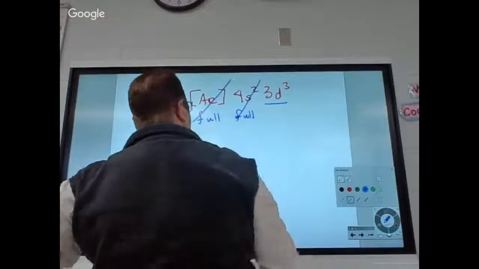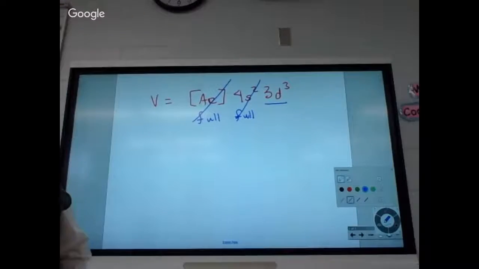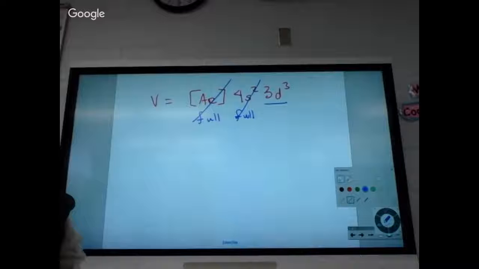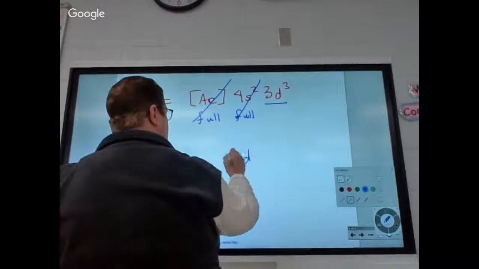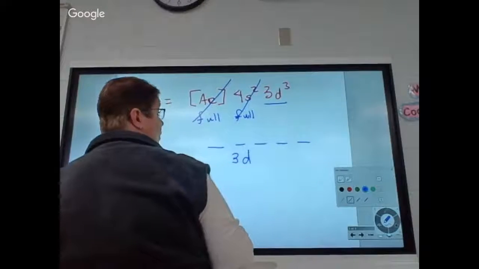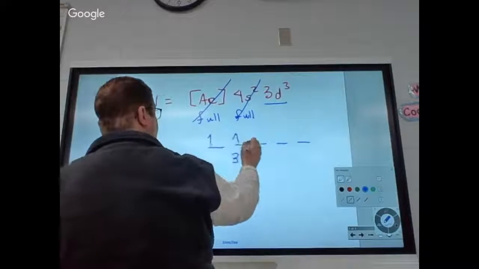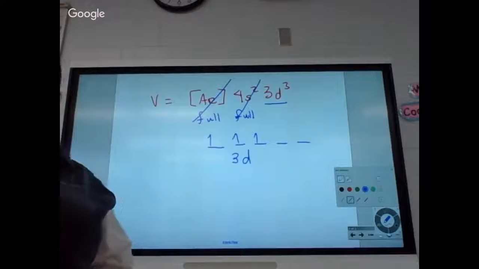So these are never going to be half full or empty. The only one we're concerned about is 3d. So 3d has how many lines? How many arrows am I putting on? So how many are empty? 2 are empty.